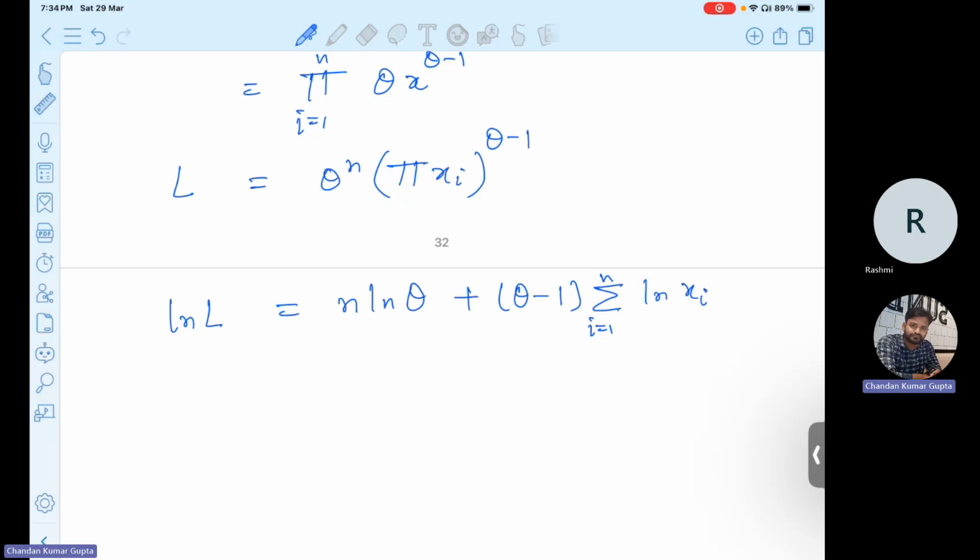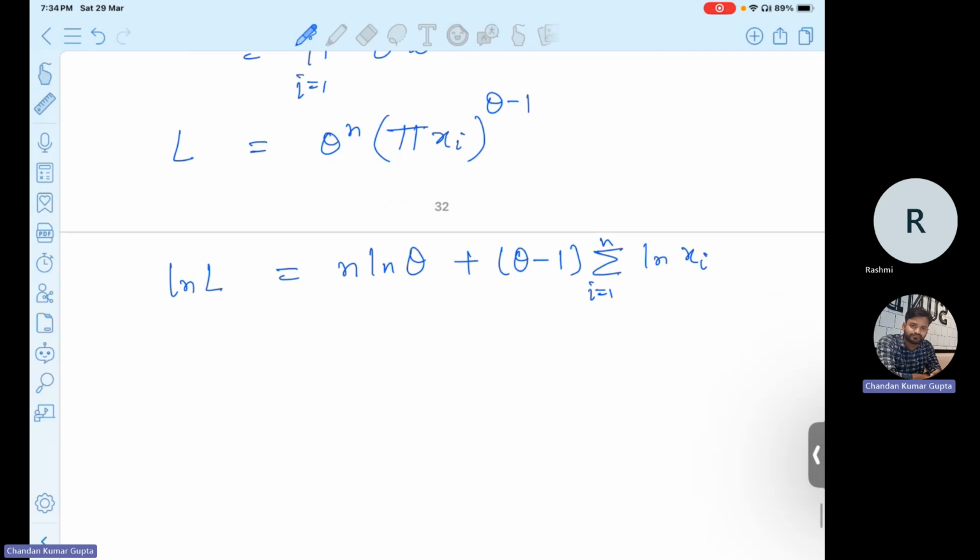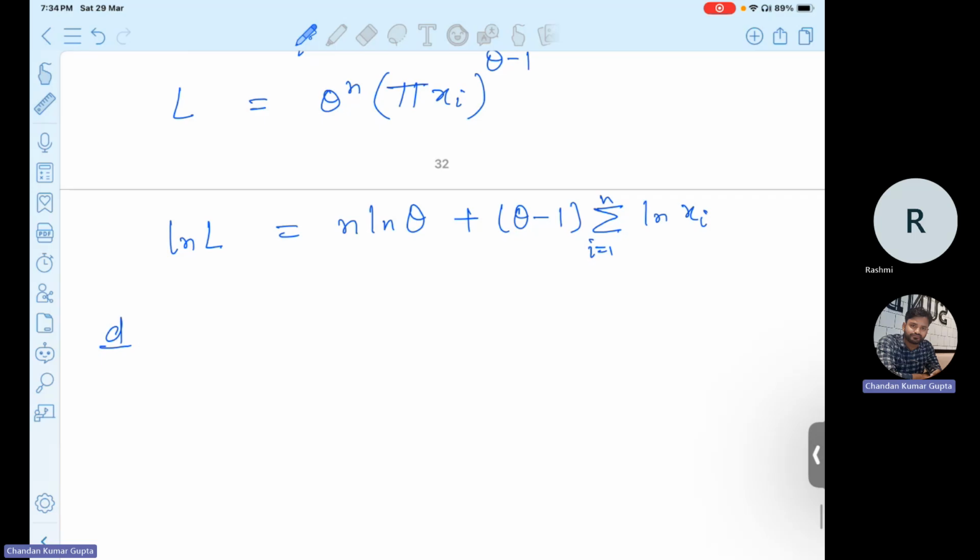Now since there is only one parameter, our aim is to differentiate this log likelihood function with respect to theta only. So d by d theta of log L is n by theta plus summation i from 1 to n of log of xi.